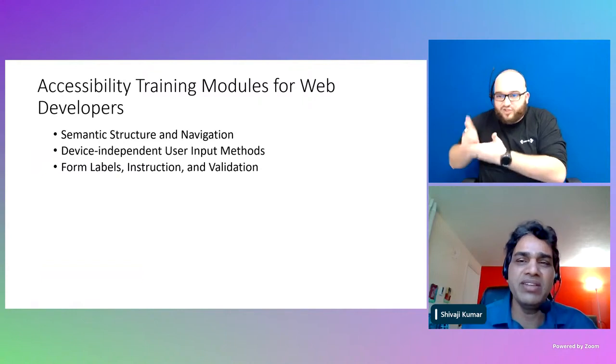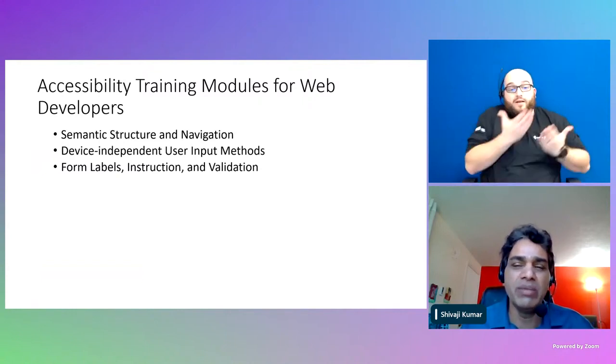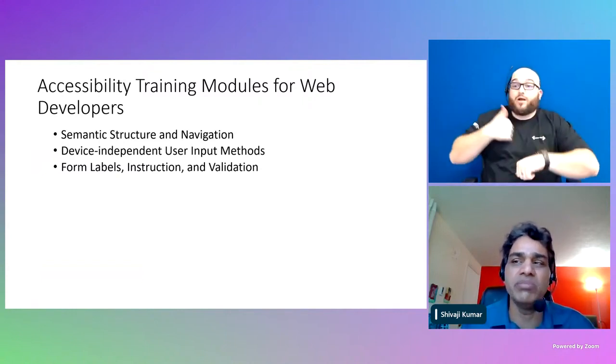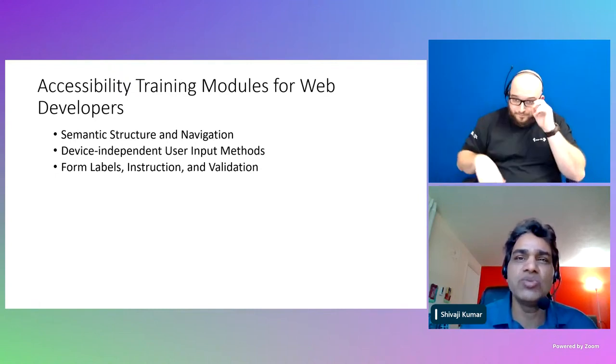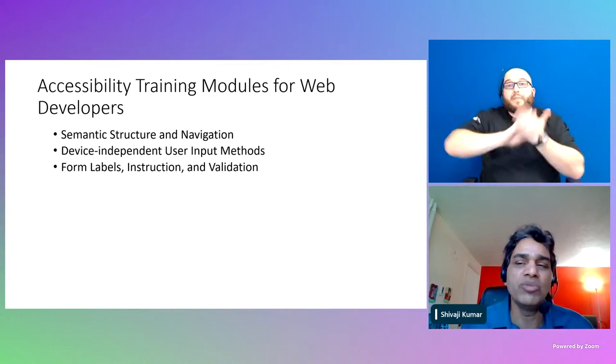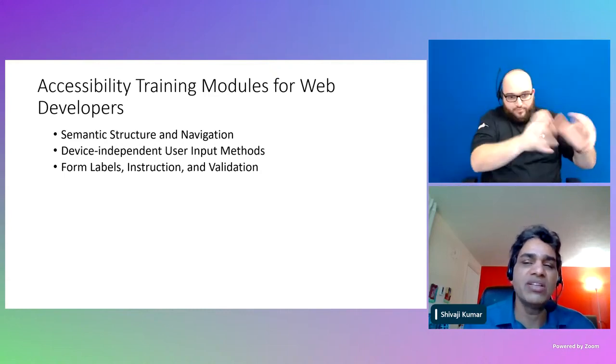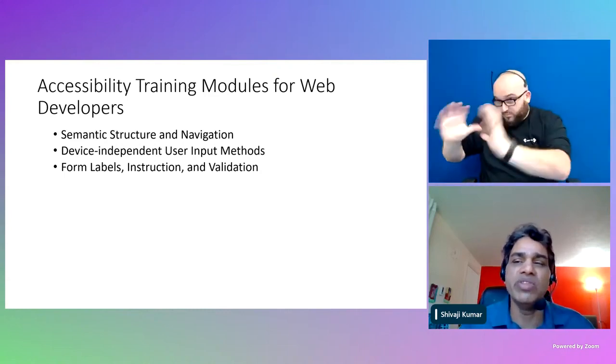We recommend these. They are there on our website, but these are actually from DQ. Our expectation is once our developers go through these modules, then we move to the next stage.